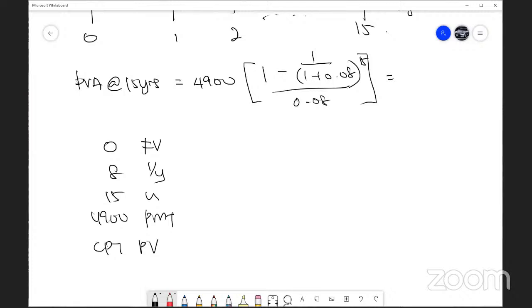All right, so count PVA for 15 years. Repeat the same method. You should get the PVA for 15 years as 41,941.45. Once you get that for 15 years, they want you to count for 40 years.